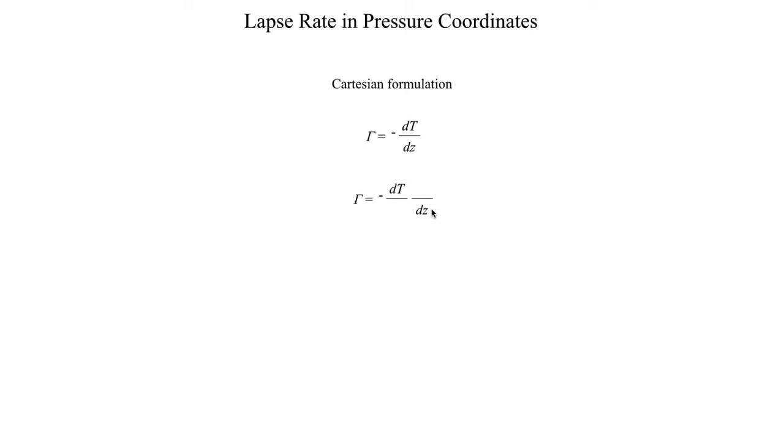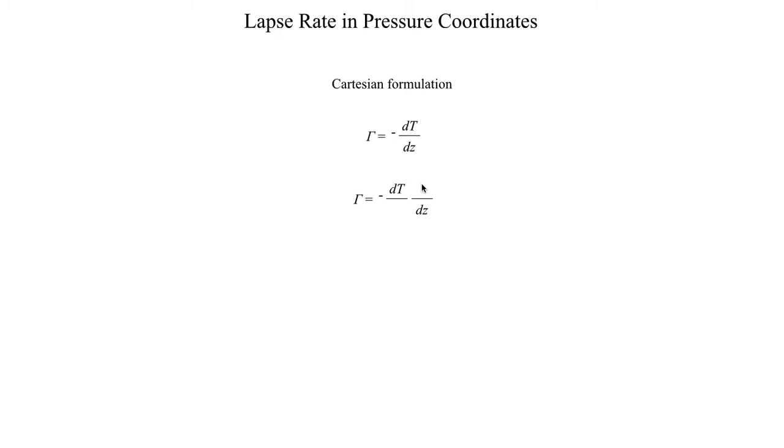I'm going to split the numerator and denominator into two separate fractions, so that I have the old numerator dT with an empty denominator, and the old denominator dz with an empty numerator. And just like before, we want to put the same differential in for these empty spaces in our fractions.